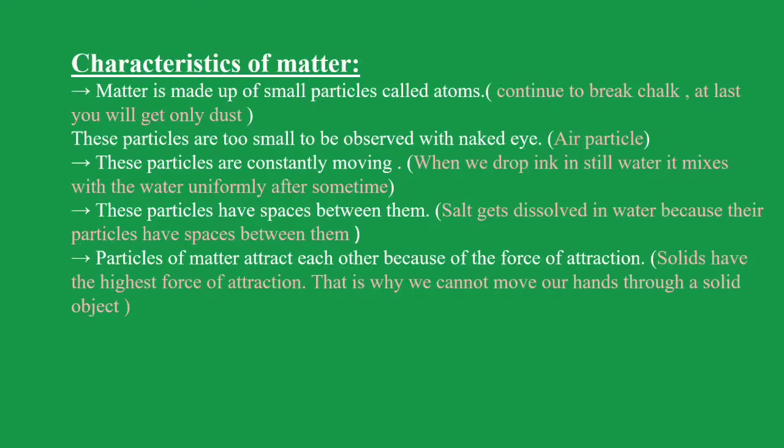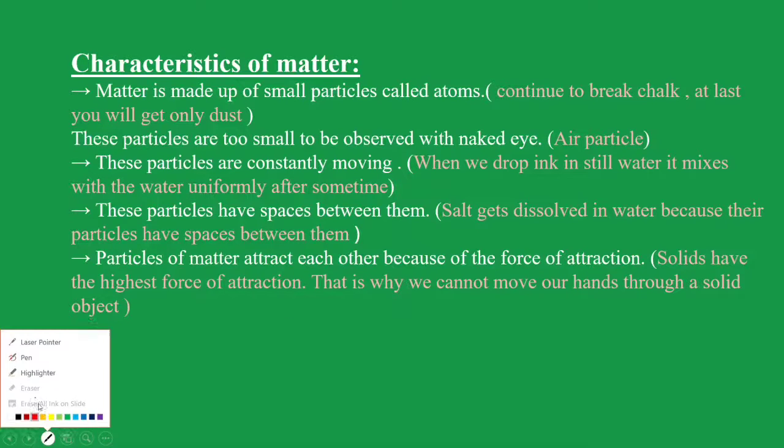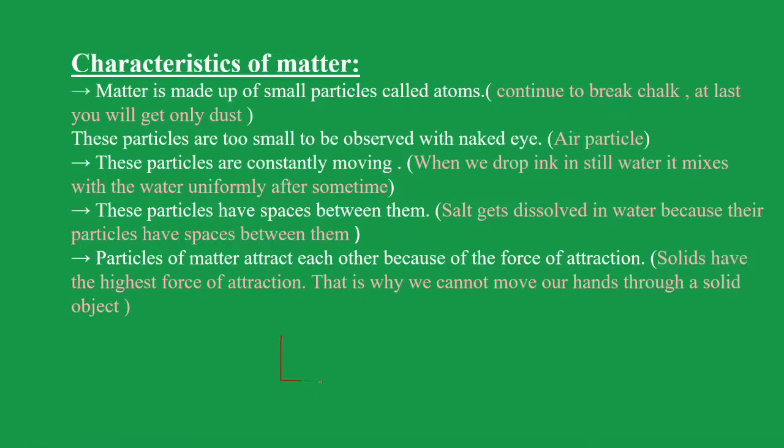Next, these particles have space between them. Yes, they have space. How? Take the example of salt and sugar that we mix in water. What happens to the salt particles? What happens to the sugar particles? They get embedded. Suppose, just for your understanding, this is a beaker. These big circles are water molecules.